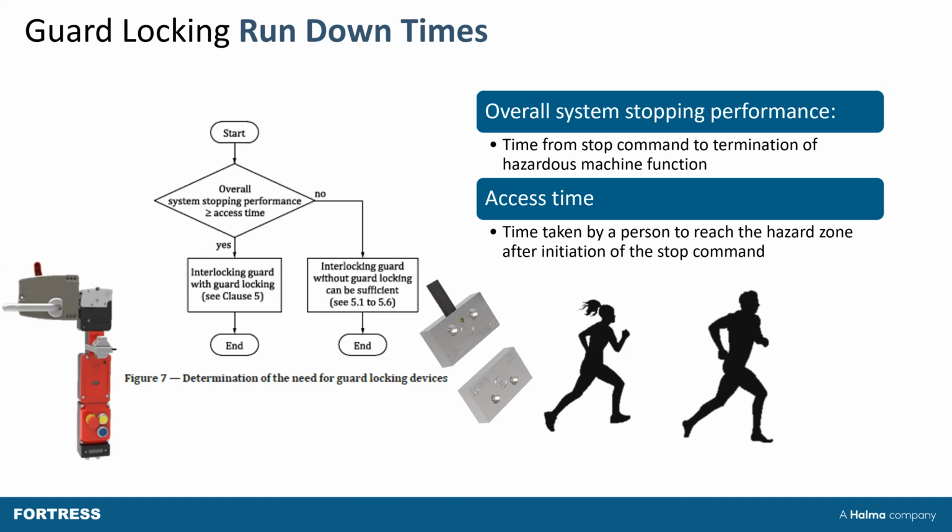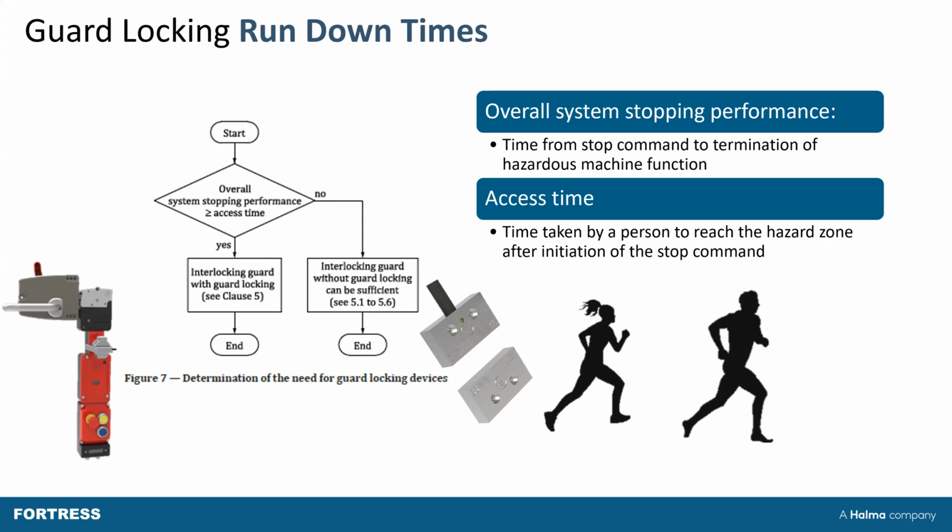If, however, you can reach the machine while it is still dangerous, so if you've got a rotary saw that can still be running even though there's no power to it, because obviously some things take a while to turn off and run down, and that rundown time is longer than the time it takes you to walk over there, then you're going to need some kind of guard locking to hold that gate locked until it is safe. Hopefully that makes sense. Basically, you have to keep the gate shut until it's safe to open it.